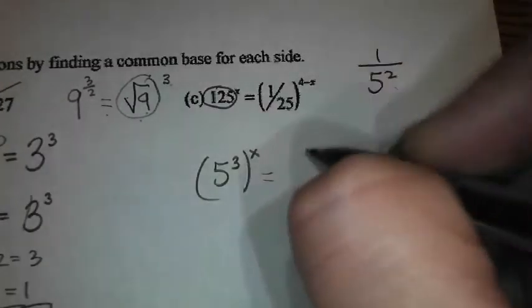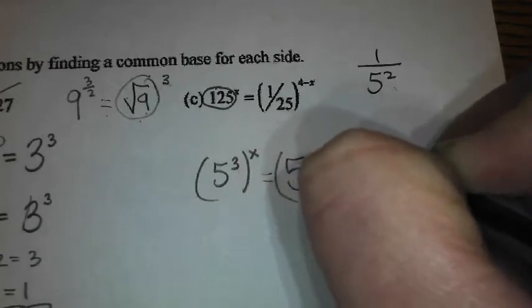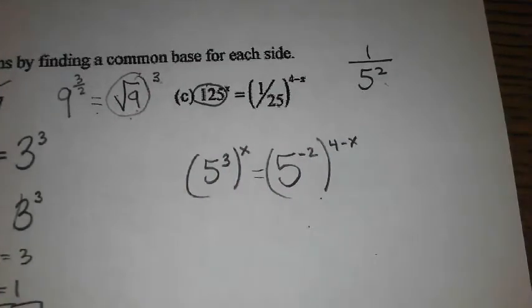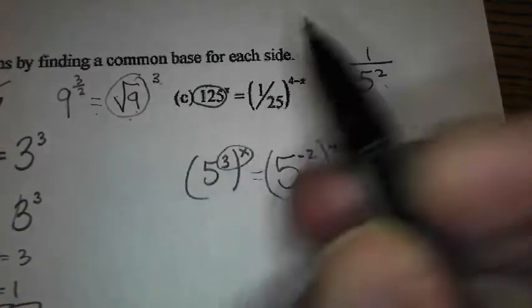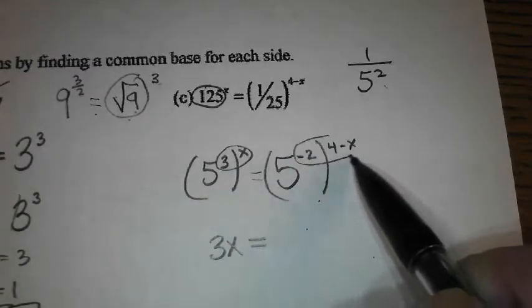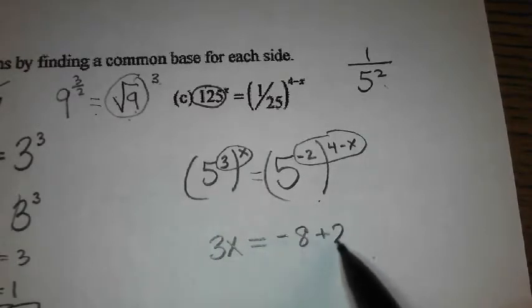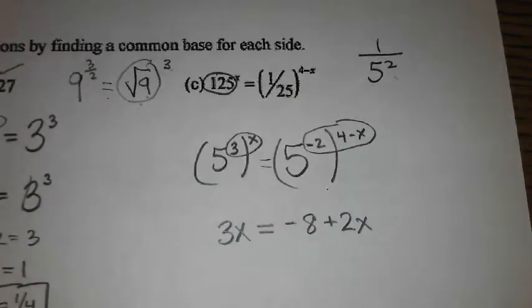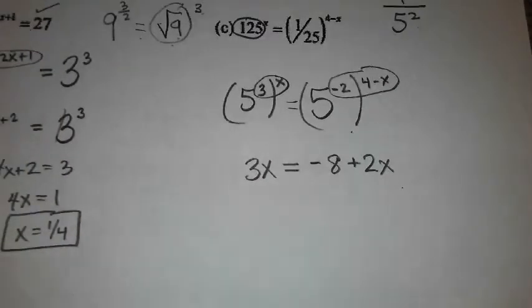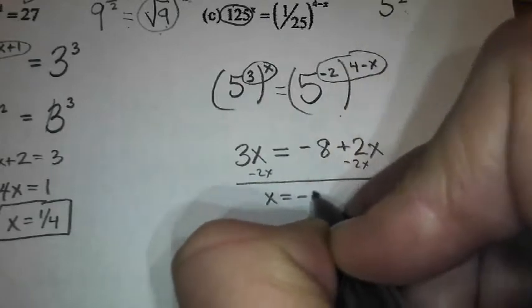Negate it. So this is the same as 5 to the negative second to the 4 minus x. Power to power multiply here is going to give me 3x. Power to power multiply over here, distribute, is going to give me negative 8 plus 2x. And then I would solve. So subtract 2x from both sides. X equals negative 8.